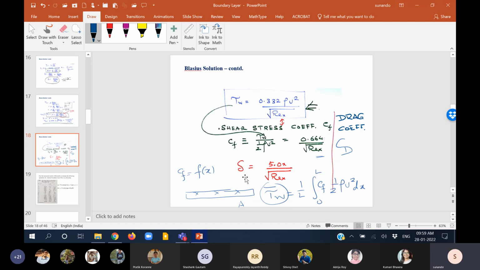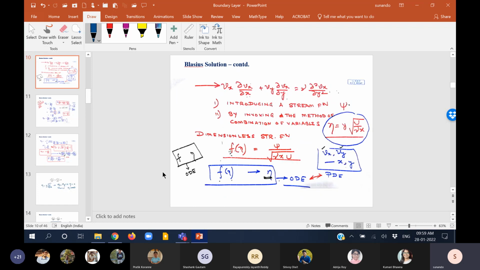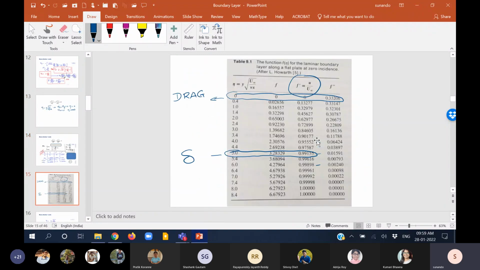So this shows you that a solution of the governing equation of the PDE, invoking the use of combination of variables, can lead to some very useful relations as is shown in this table. But it is to be noted that this is for the simplest possible situation of flow over a flat plate.